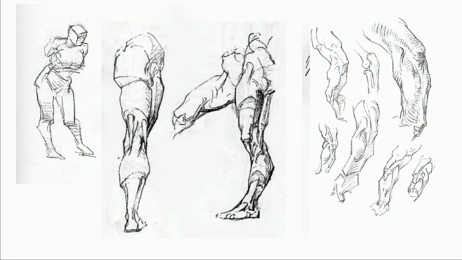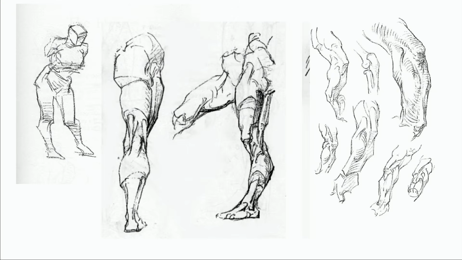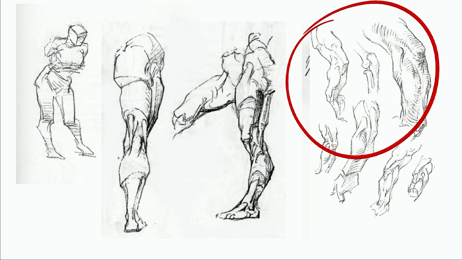Now, when it comes to Bridgman, he takes this to the nth degree. He makes it so incredibly complex, albeit incredibly informed and anatomically correct, but it will just completely confuse you. And what I see a lot of beginners do when they copy Bridgman is they copy everything from the books. They copy the lines verbatim, but they don't really understand the forms underneath.